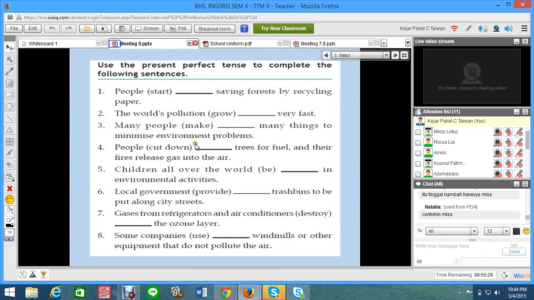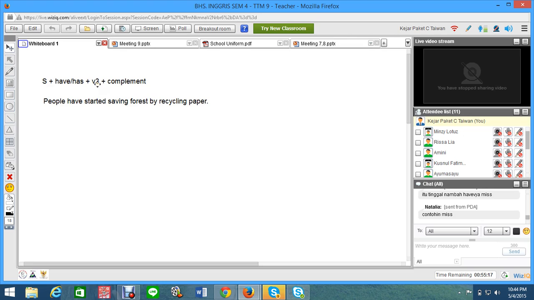All the verbs are in bracket, but you have to change all these verbs into verb 3, because the formula should be verb 3, and then you should put have has before the verb 3. But first you have to know which subjects are going to use have or has.